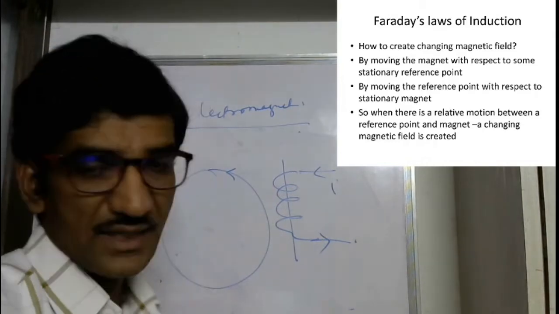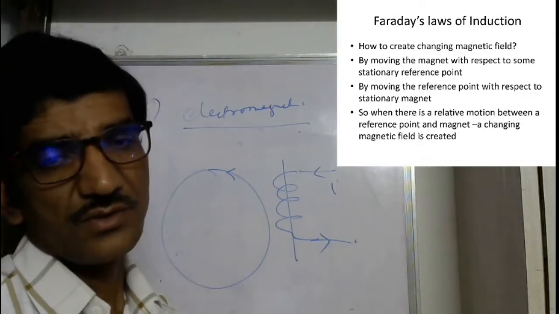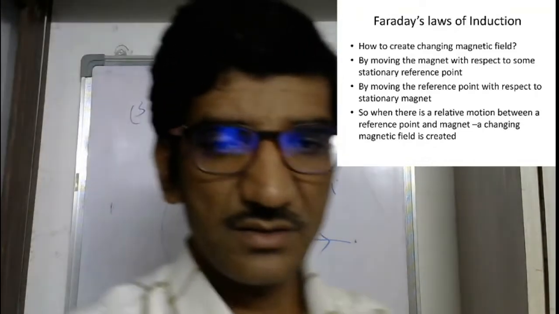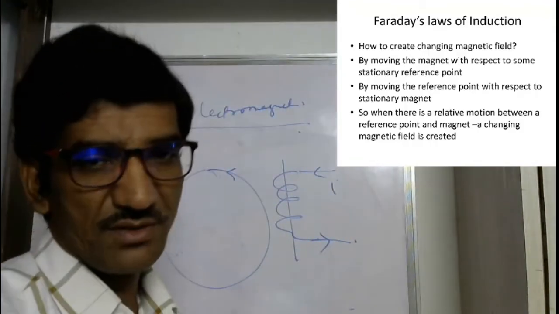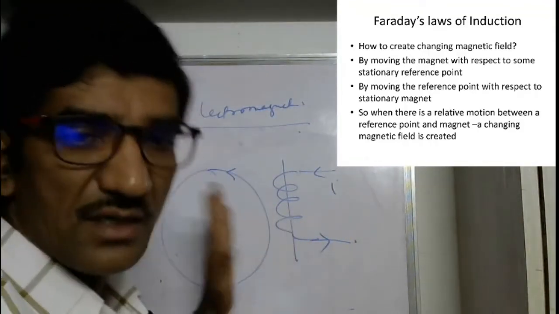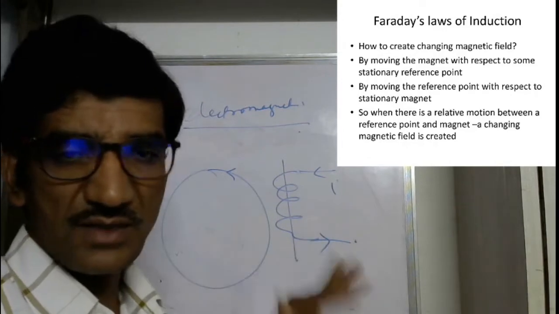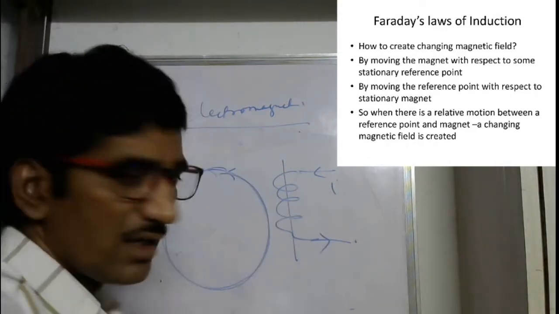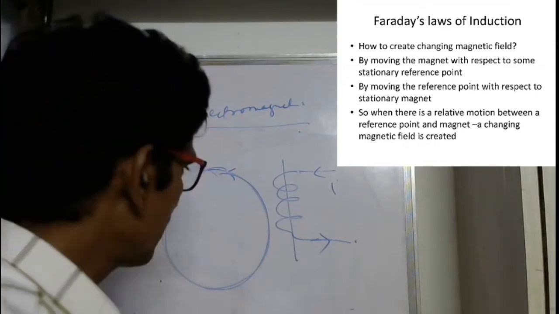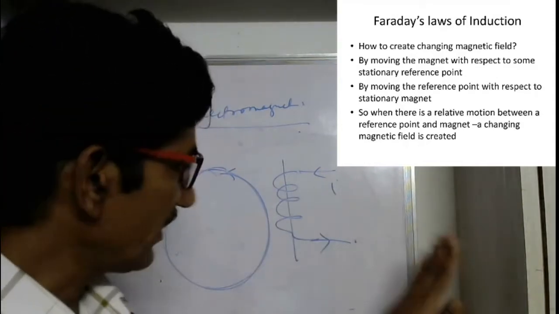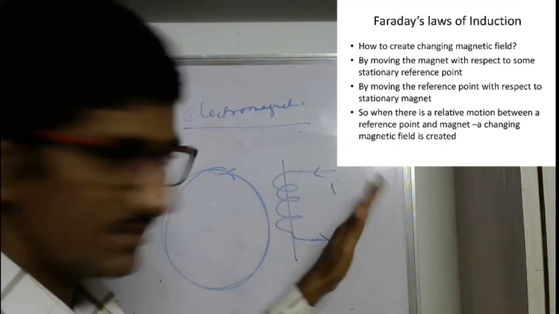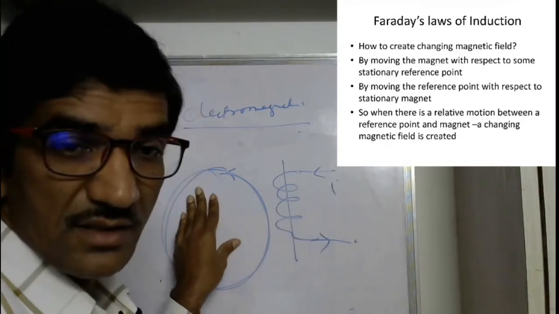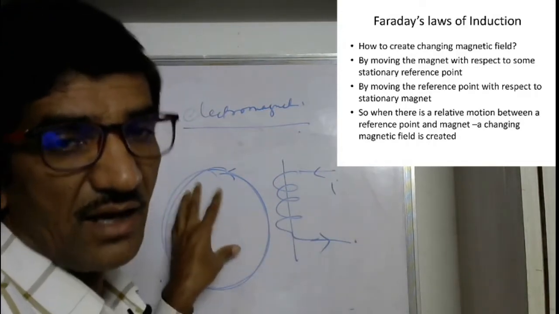Here, in this third case, you need not change the position of either the magnet or the loop or the reference area. In this area, you want to see the magnetic field. Magnet is here. As you change the magnitude of the current, the magnetic field in this area also changes.